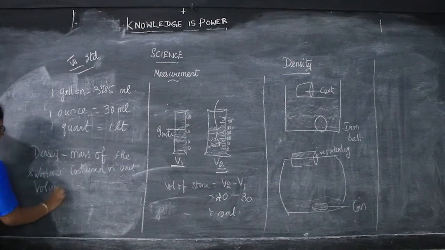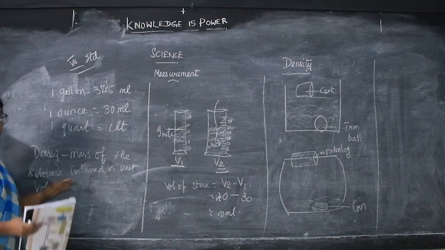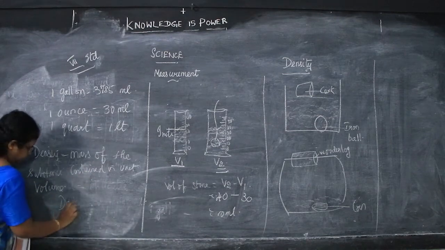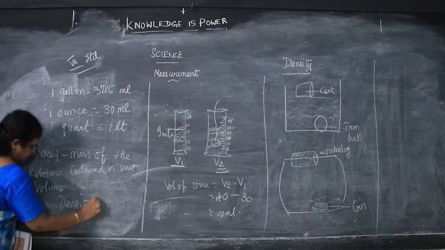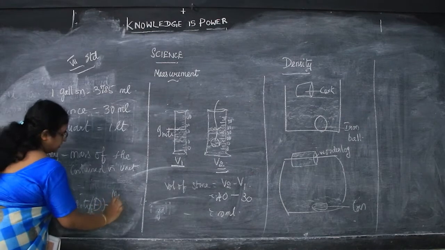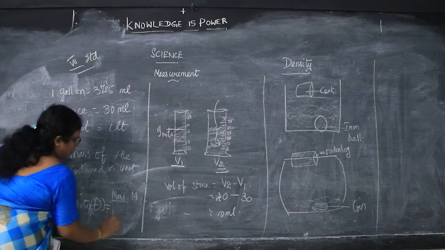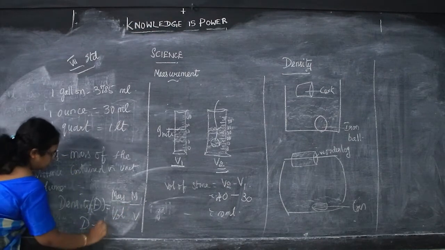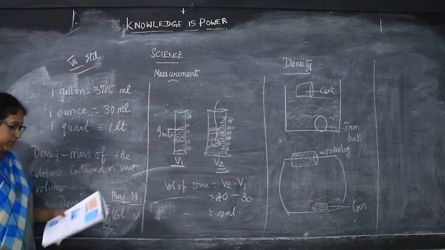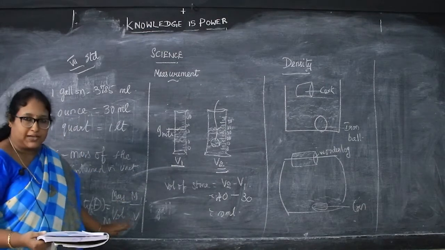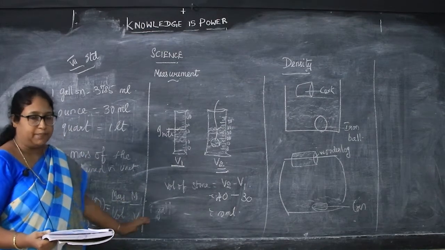So density is D, mass is M, volume is V, that is D is equal to M by V. Density is equal to mass by volume.